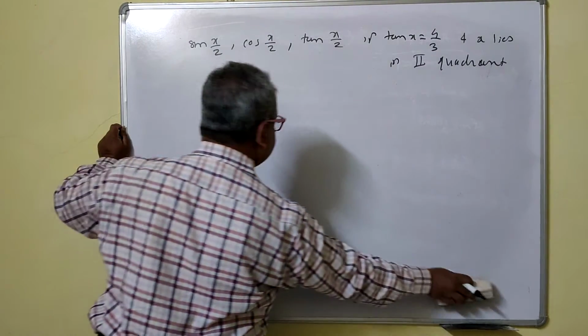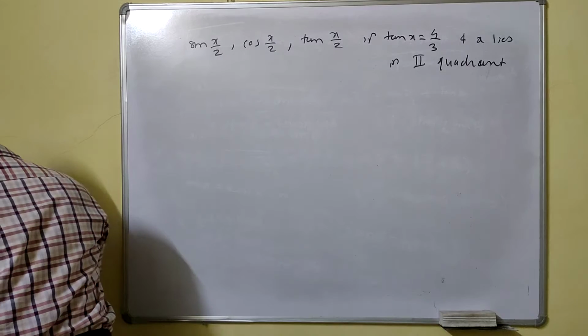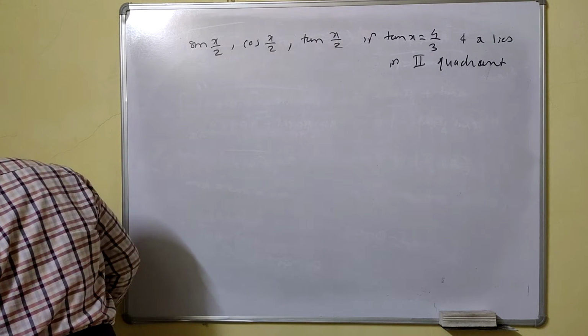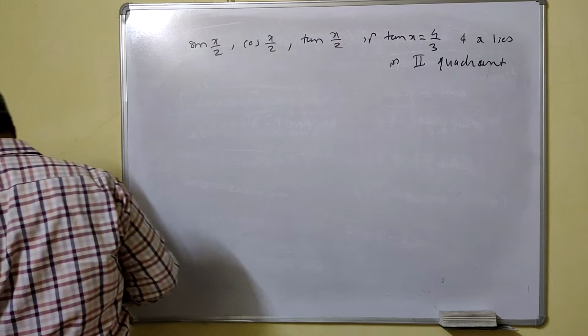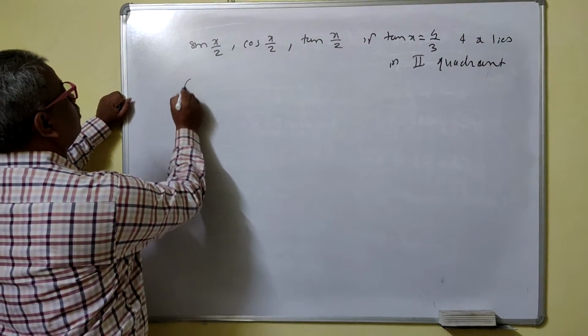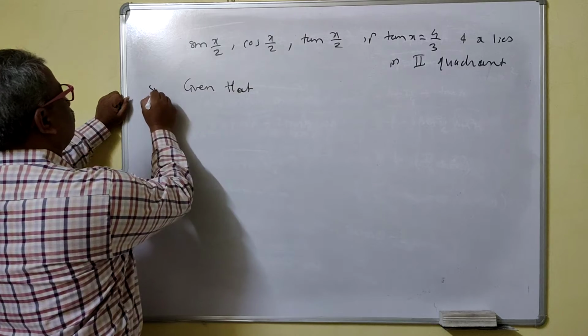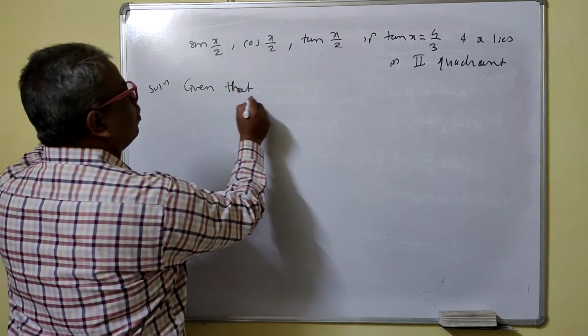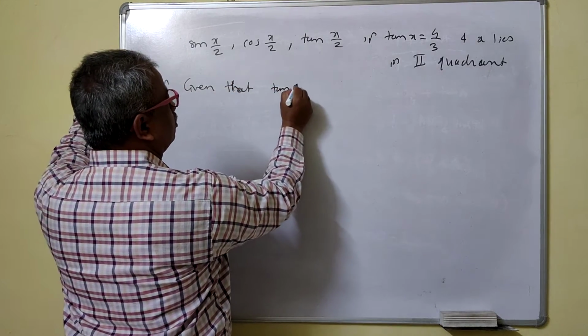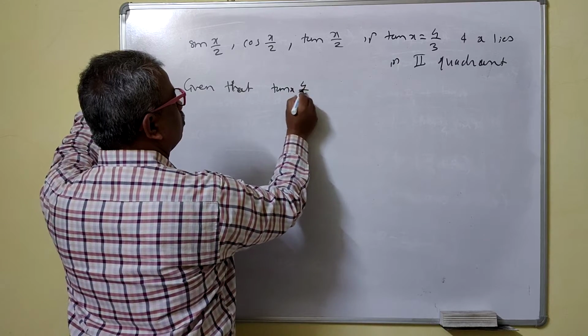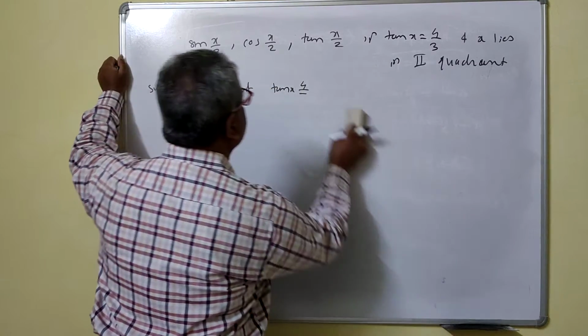So, solution. Given that tan x is equal to 4 by 3.